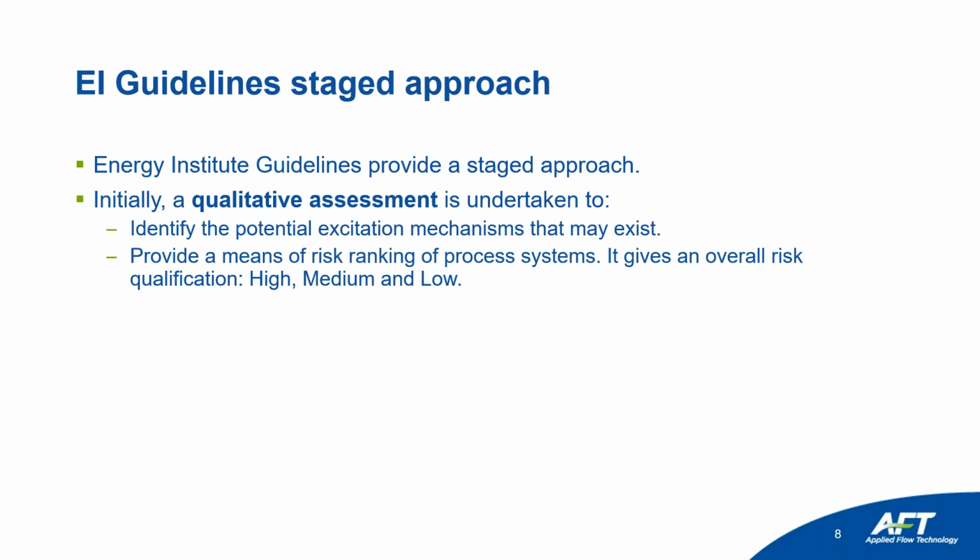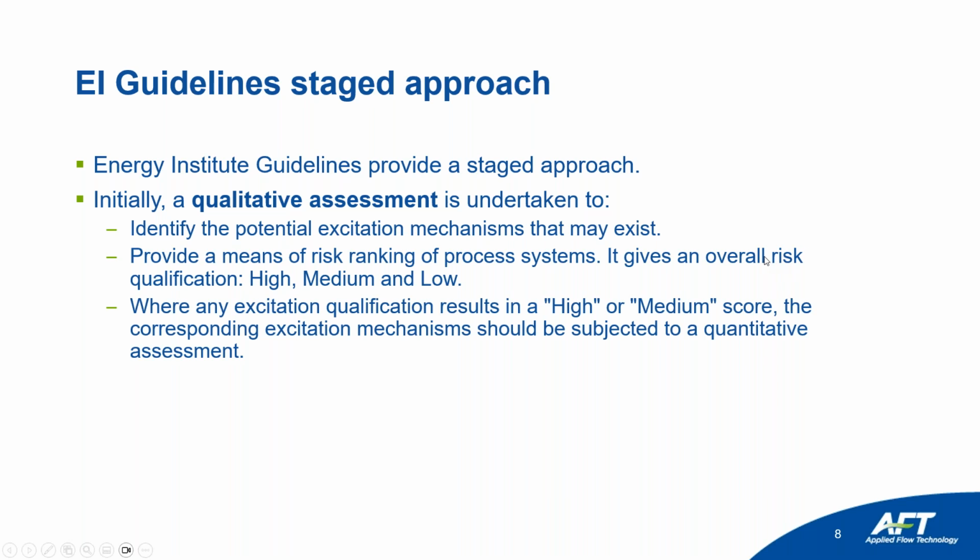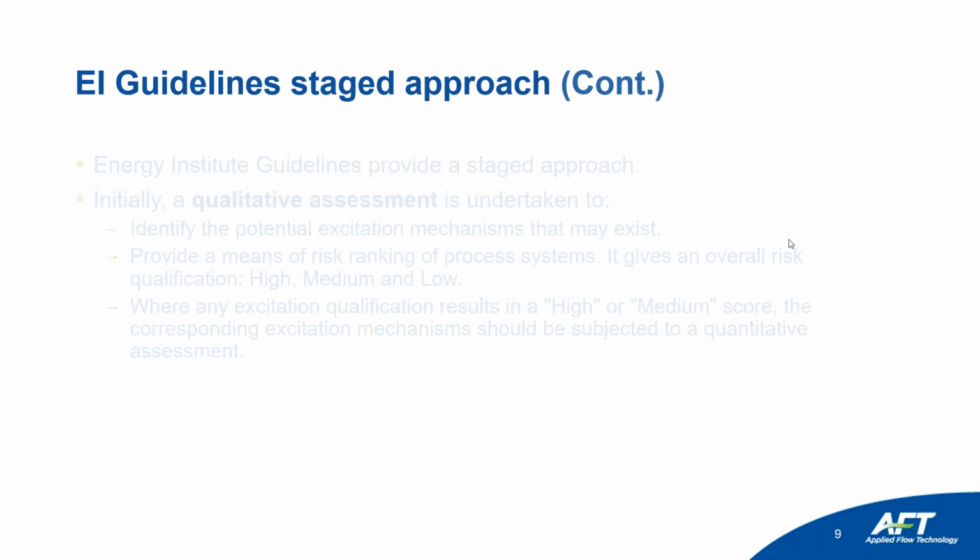It gives an overall risk qualification of high, medium, and low after you do the quality assessment of the system. Where an excitation qualification results in high or medium score, the corresponding excitation mechanism should be subjected to a quantity assessment, which is the second stage of the methodology.